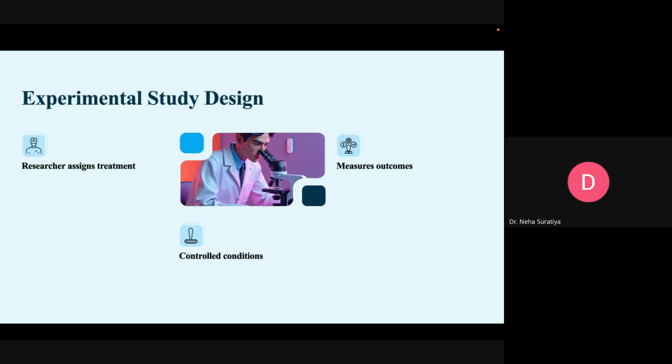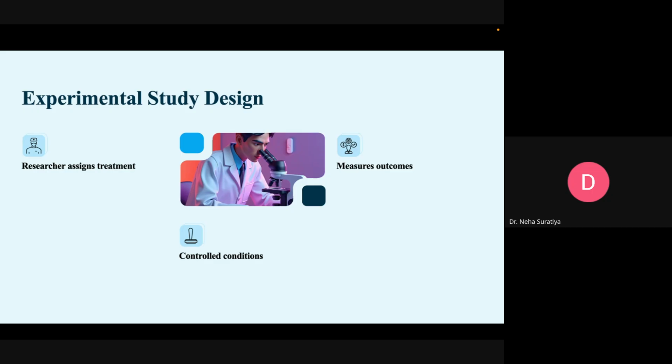Experimental studies are considered, I can say, the most powerful approach for evaluating the effectiveness of a drug and the safety of some medical interventions and all. For all that, you need to do some experimental study, which is also known as interventional studies. The defining feature of this particular term is that the researchers actively assign a treatment or intervention.